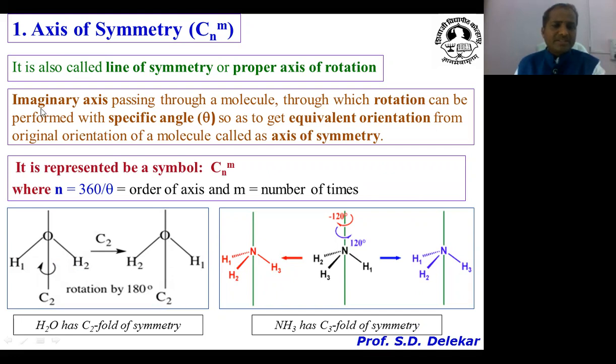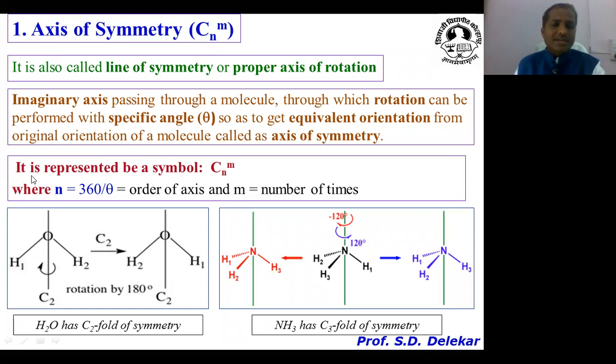The axis of symmetry is defined as an imaginary line or axis within a molecule through which rotation is carried out at a specific angle theta to get an equivalent orientation from the original orientation of the molecule. If you are performing the rotation at a specific angle theta along a line and getting the equivalent orientation, then this axis is called a symmetry axis or axis of symmetry.